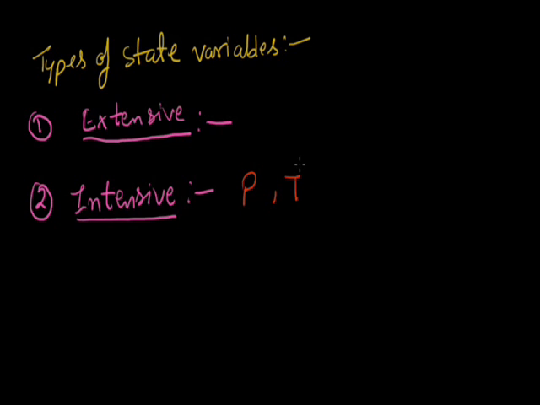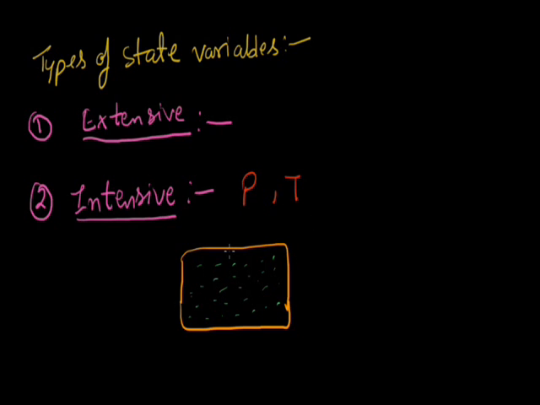For example, let's think about a system in equilibrium and imagine that it is divided into two equal parts. The variables that remain unchanged in each part are intensive. Okay, let's say we have a system and this system is in equilibrium. That means the gas has attained a uniform temperature and pressure, and it is in thermal and mechanical equilibrium with its surroundings.